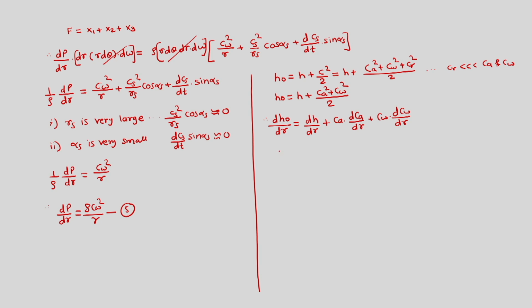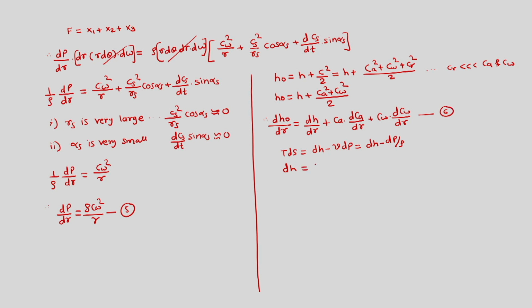Further, we know that the second law of thermodynamics and first law mixed together tells that Tds is equal to dH minus Vdp, or dH minus dP by rho. So dH, we can represent this as equation number 6.